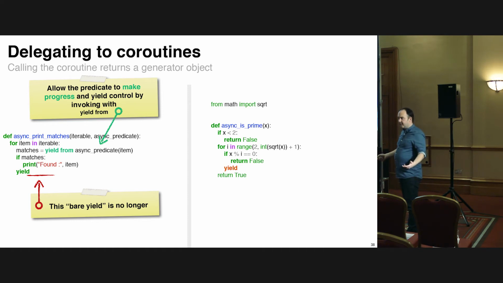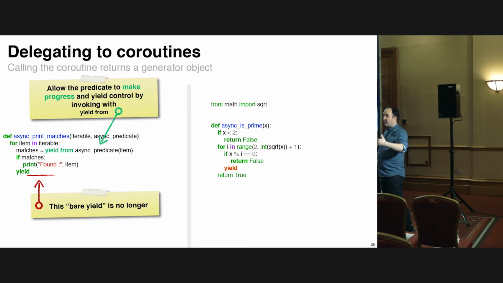That's a term I've invented. It's just a yield which is only there for the purpose of yielding control, not to yield a result. When you do this, as soon as we yield from this predicate, we no longer need this bare yield here, because this predicate has a bare yield in it, which will ultimately yield to the scheduler. Okay? So each task only needs one bare yield in it.